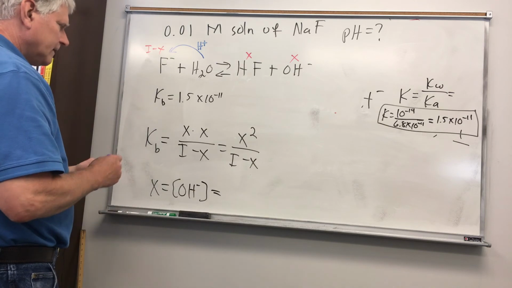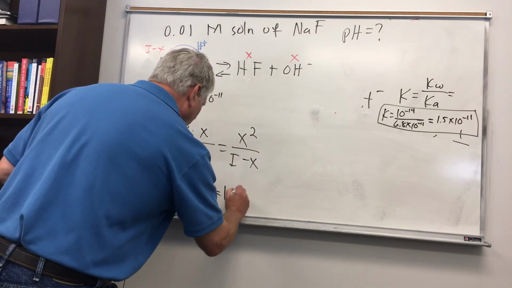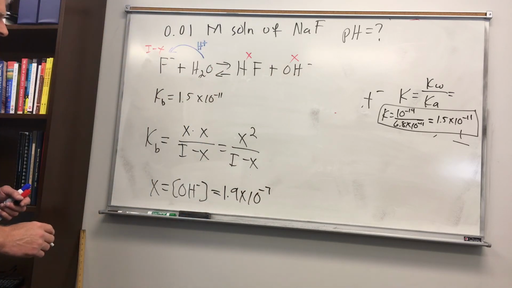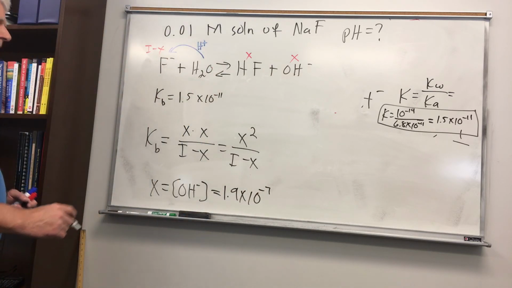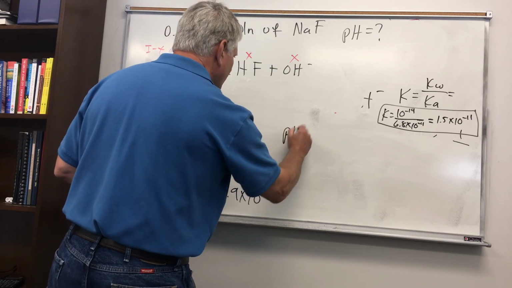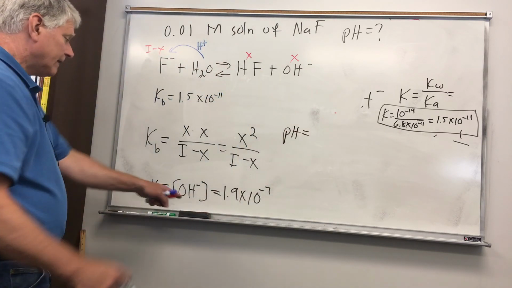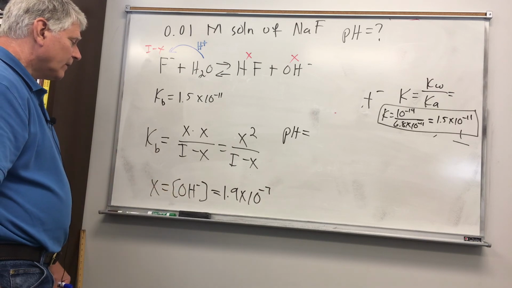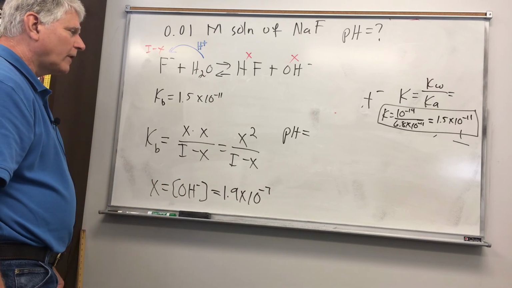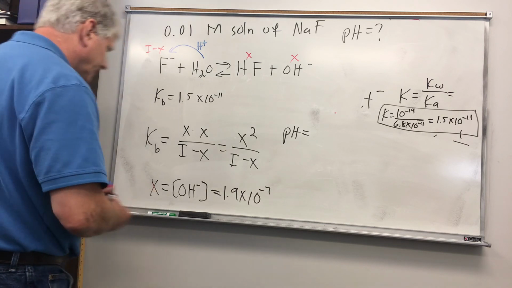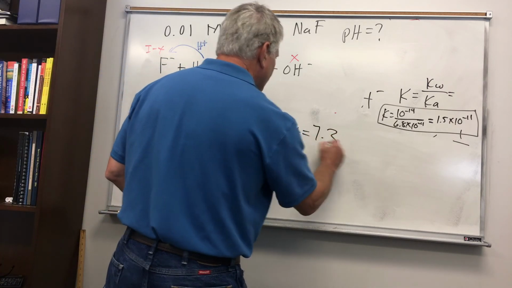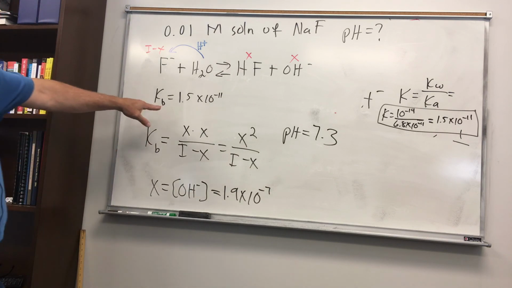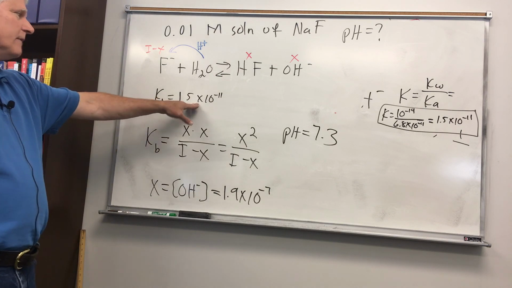If I do that, I will get 1.9 times 10 to the minus 7th for the OH minus concentration. That means for the pH, I'll have to solve for the H3O plus concentration from the OH minus concentration through the autoionization of water as before. It gives me a pH of 7.3. So it's just very, very slightly basic because Kb is really small, 10 to the minus 11th.